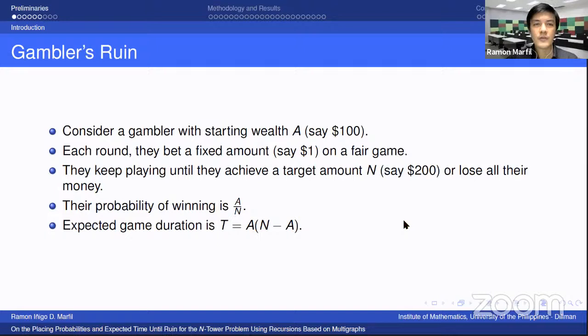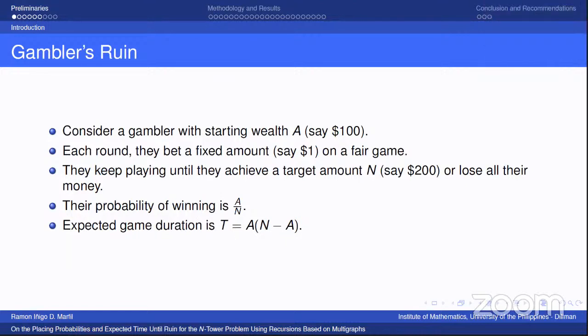So for the basic gambler's ruin problem, the probability of winning of that one player is A over N, which is simply the ratio of the wealth of that player to the target amount. So kung $100 tsaka $200 yung starting wealth and yung target amount, the probability of winning for that player is 1/2. And the expected game duration, denoted by T, is equal to A times the quantity N minus A.